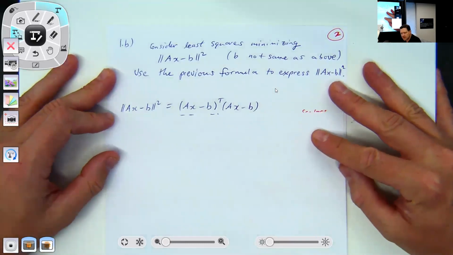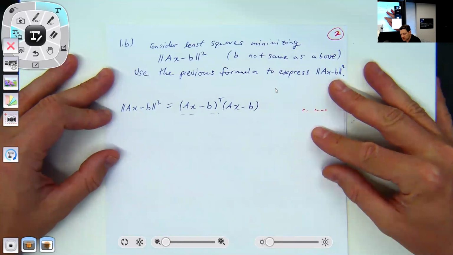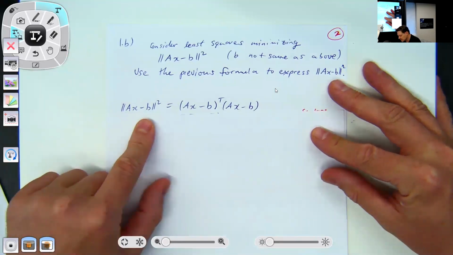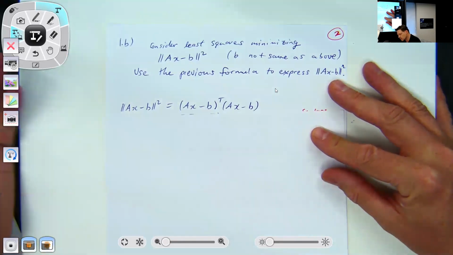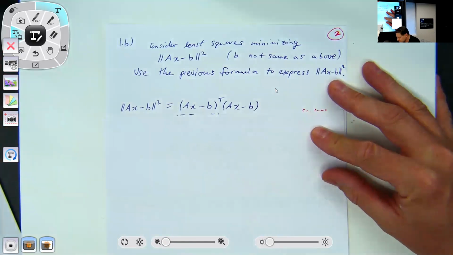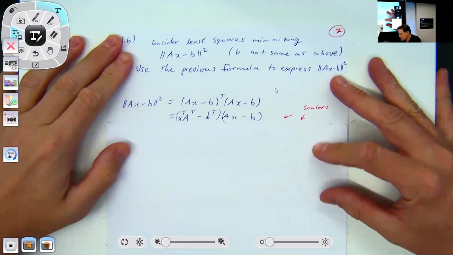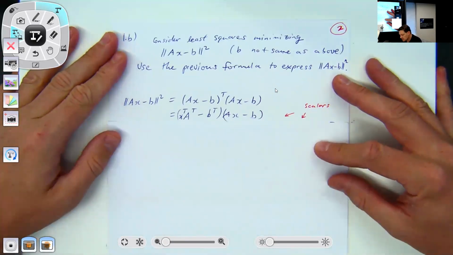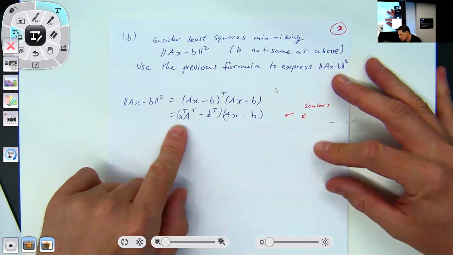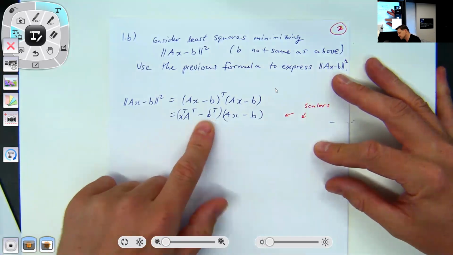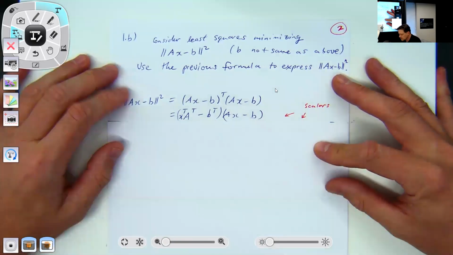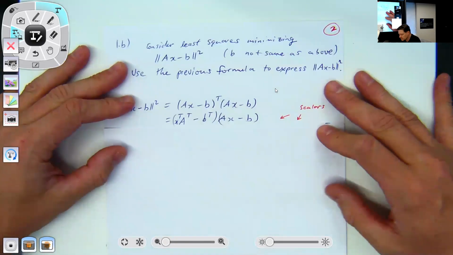Okay, so first step here is to express the square of the norm of AX minus B as AX minus B transposed times AX minus B. And then we want to apply the transpose inside and expand. Okay, so here we have X transpose A transpose minus B transpose times AX minus B. And then we just expand and we'll have 4 terms next.